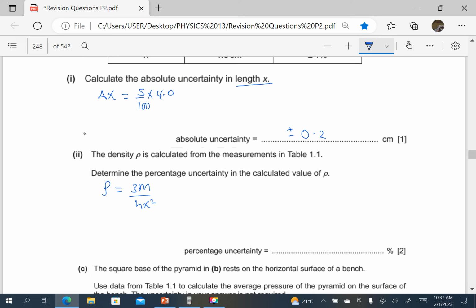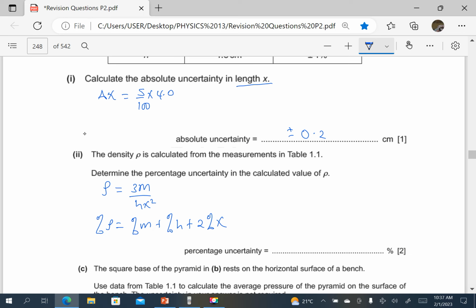So since there is division, there is a power, there is multiplication, we just sum up the percentage uncertainties. Therefore, percentage uncertainty in density is equal to percentage uncertainty in m plus percentage uncertainty in h plus, because there is a power on x, we multiply this by 2. So this will be 2 times percentage uncertainty in x.